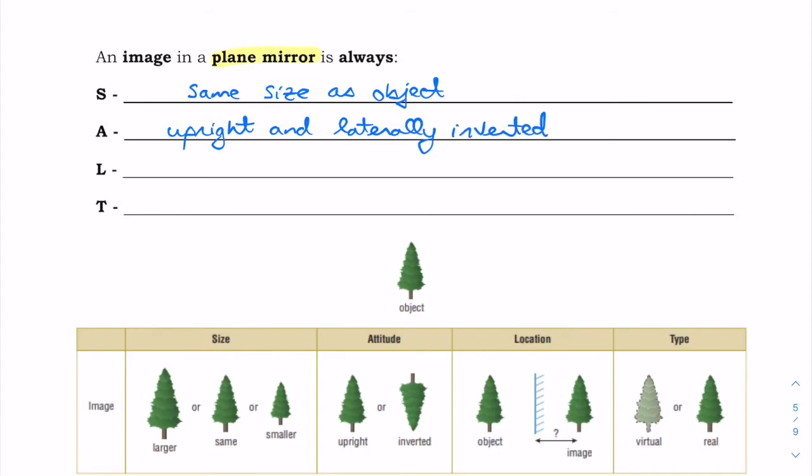As for the location, they'll be behind the mirror. And finally, for the type of image, they'll always be virtual.